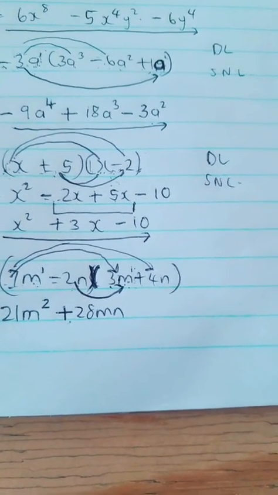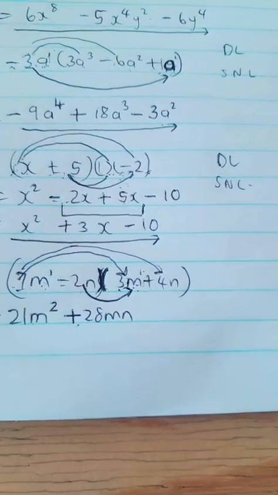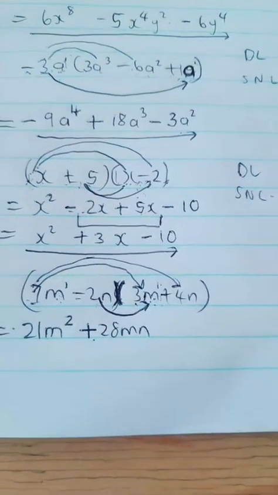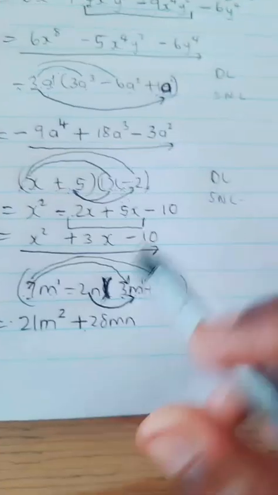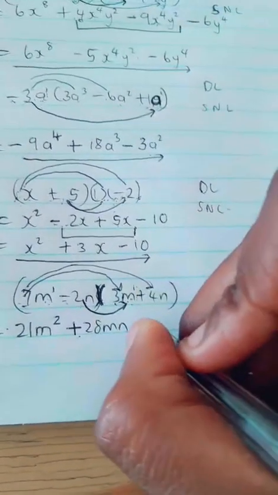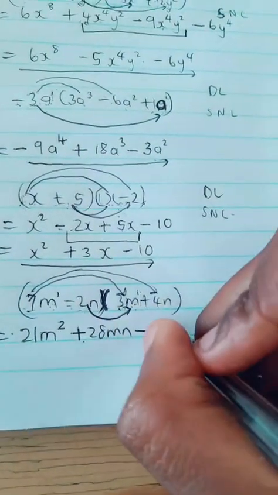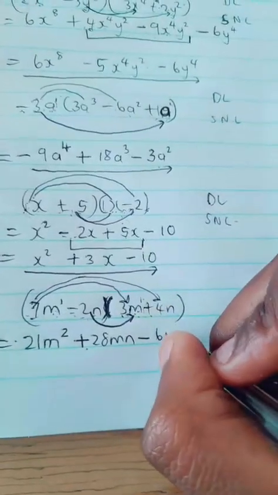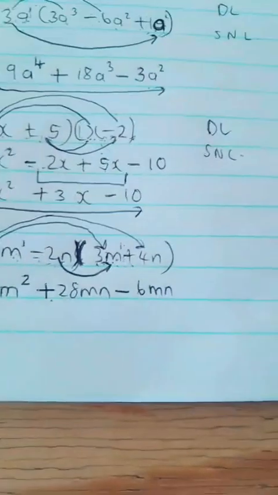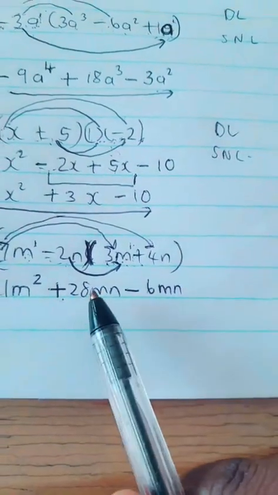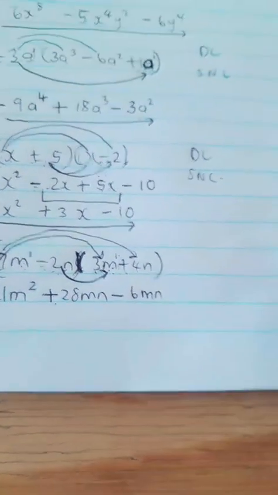Paula, negative 6mn. Okay, nice. Negative times a positive gives negative, 2 times 3 gives 6, n times m. In alphabetical order, we just write mn. We can clearly see these are going to be two like terms, which is good.